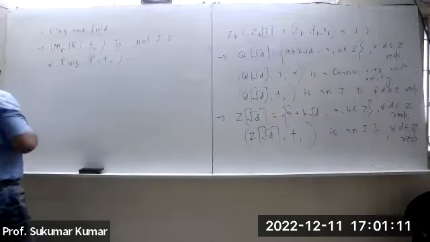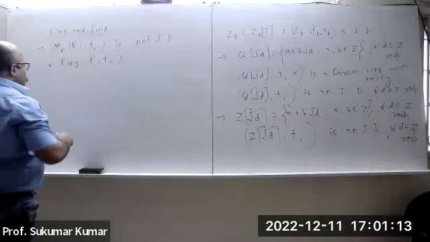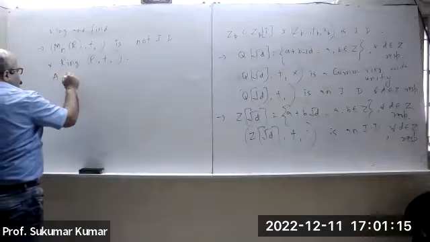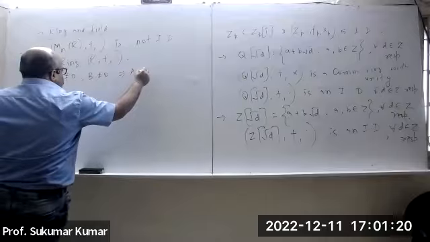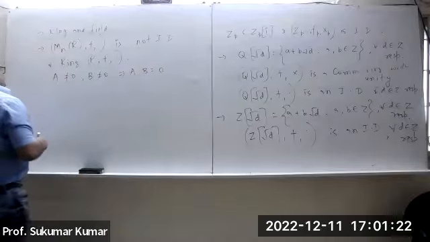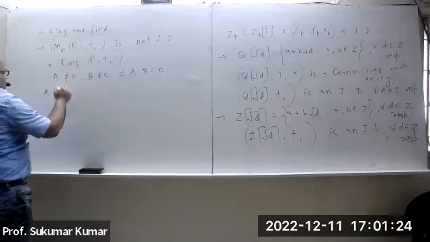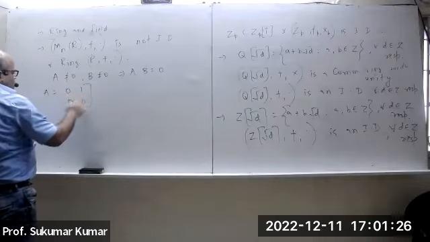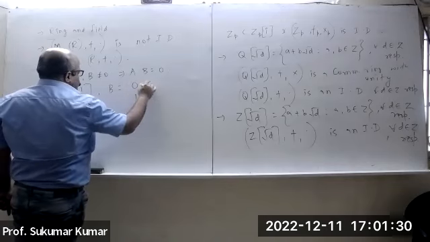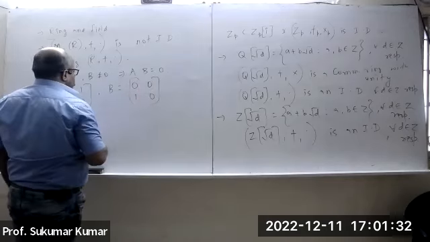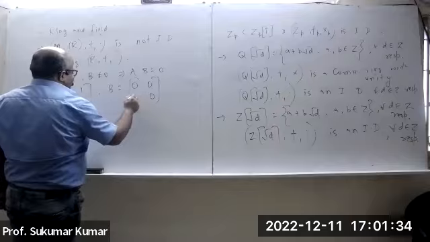Any type of ring you choose, it will not be an integral domain. Two non-zero n cross n matrices can have a null matrix as product. Easy only. 2 cross 2, suppose you choose 0, 1, 0, 0. Another one, 0 on this side, choose.